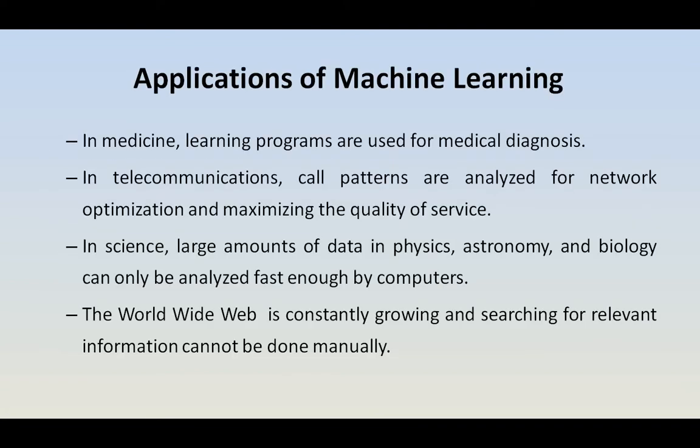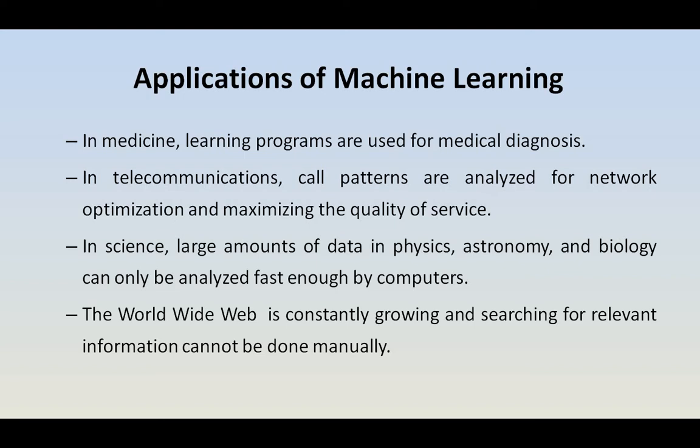Now, how will this be used in medicine? In medicine, we use it for medical diagnosis or disease prediction. Then coming to telecommunications, the call patterns are analyzed for network optimization and maximizing the quality of service.